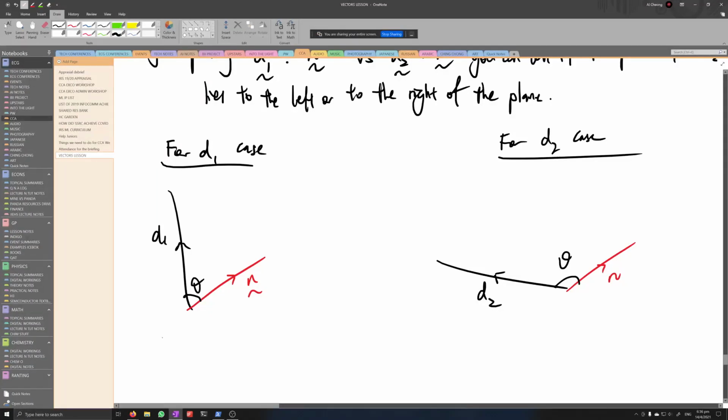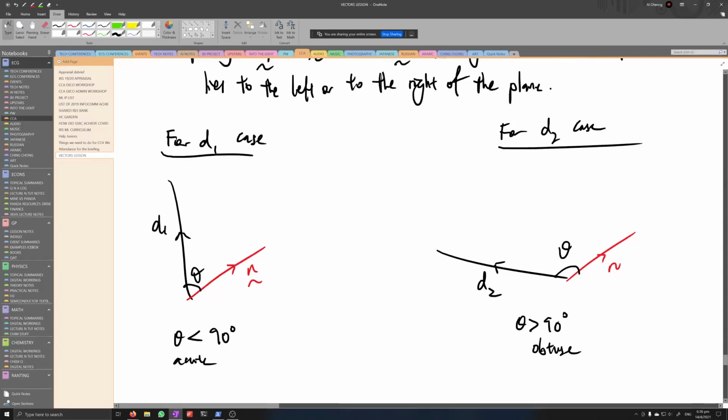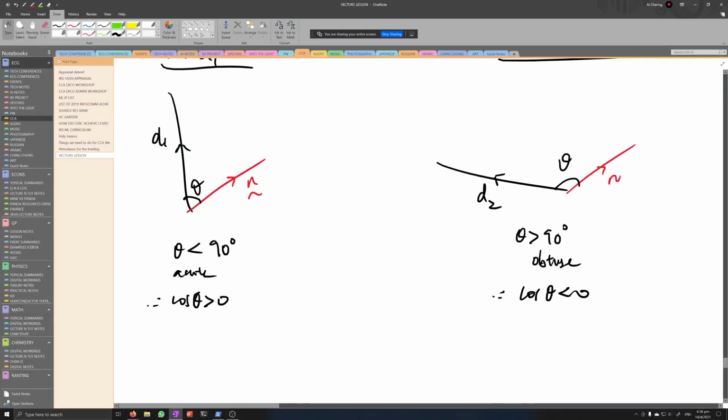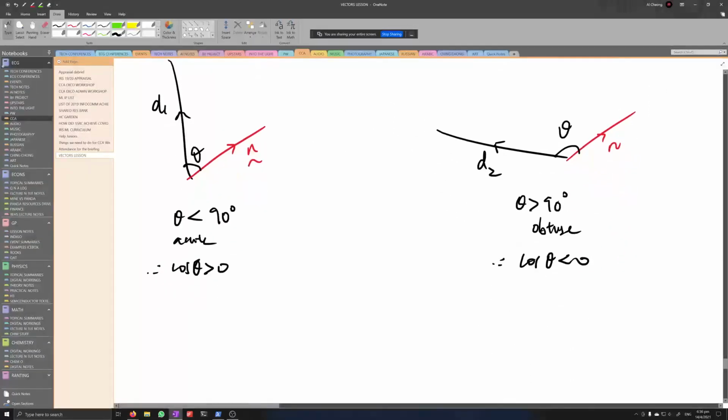Realize that here theta is less than 90 degrees, and here theta is more than 90 degrees, obtuse. Acute, obtuse. Therefore cosine theta is greater than 0, and cosine theta is less than 0. Then by looking at the polarity, positive or negative, we can tell left or right.